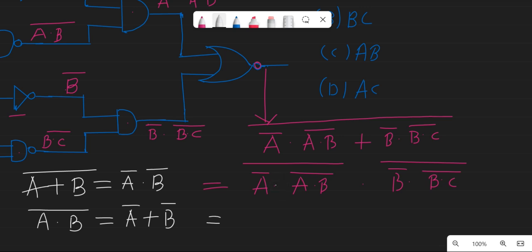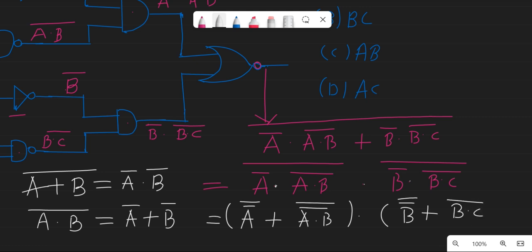So I use here the dot equation, so it will be A bar bar, and this AND will convert to OR, and A dot B bar bar, this dot as it is, so I write in bracket here dot B bar bar, this dot converted to OR, B dot C bar bar.